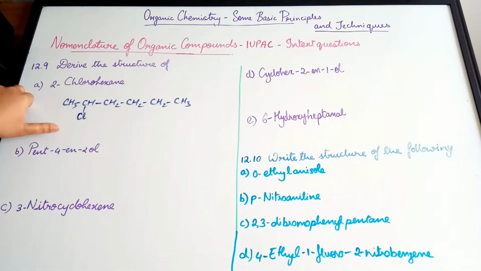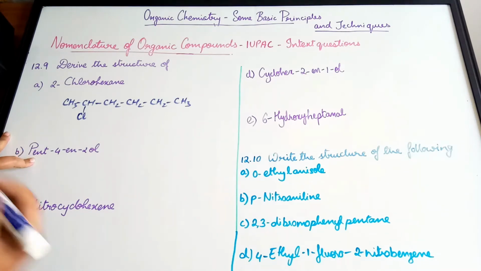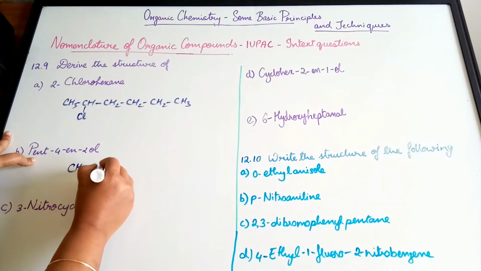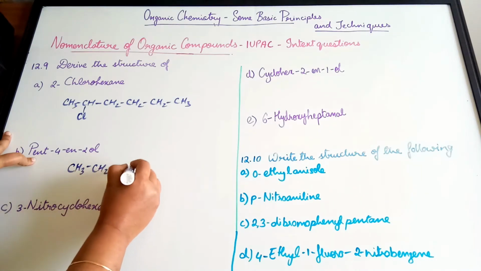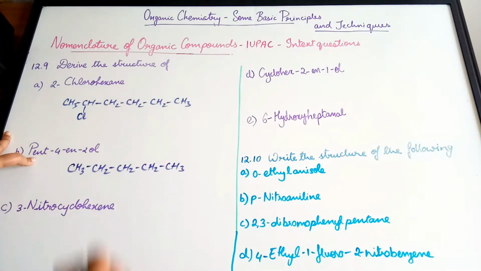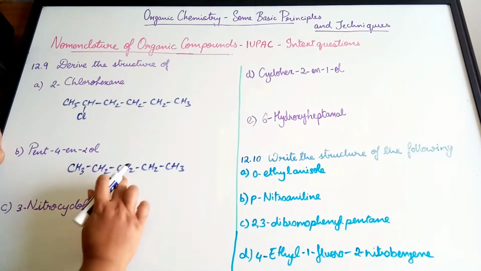Next, pent-4-en-2-ol. So pent-4-ene. From here, pentane. We know that it's a pentane straight chain. So let's first write down the carbon atoms. CH3, CH2, CH2, CH2, CH3. Now at the fourth position there is an alkene, and at the second position there's an alcohol. So first let's go to the alkene. 1, 2, 3, 4.